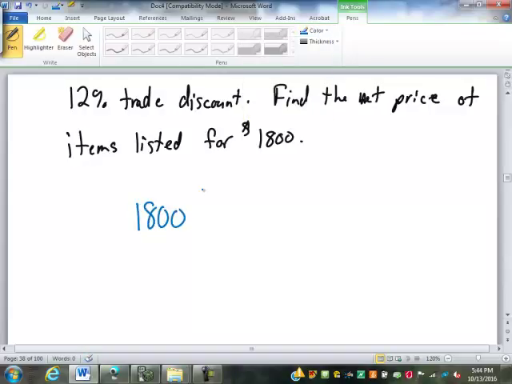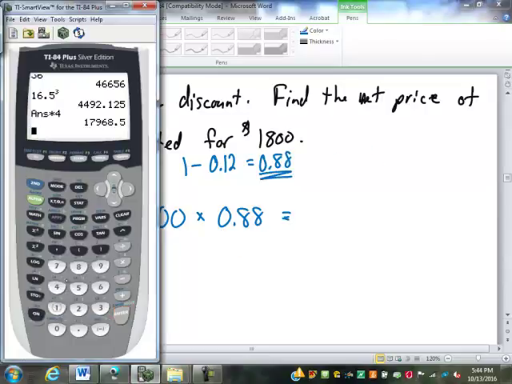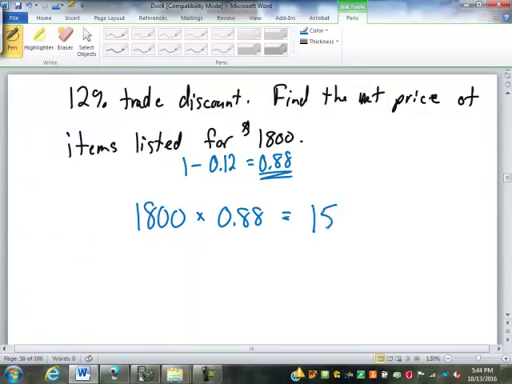That is our list price. Times what? 0.88. Perfect. We have a 12% discount. 12% is 0.12. 1 minus 0.12 is 0.88. Perfect. If we multiply that out, what do we get? Perfect. $1,584 is our net price. Do you have any questions on that? Okay.